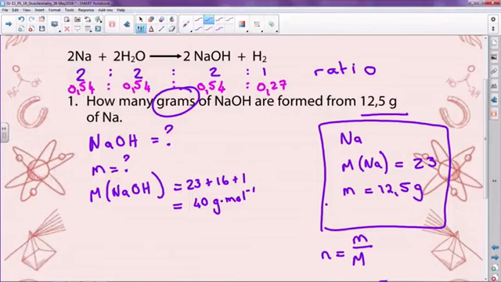Okay, hopefully everybody's with me. 1 is half of 2, so that's why 0.54 is double the amount of hydrogen that I produce, so I need half of that.